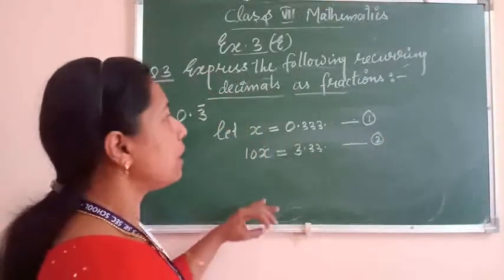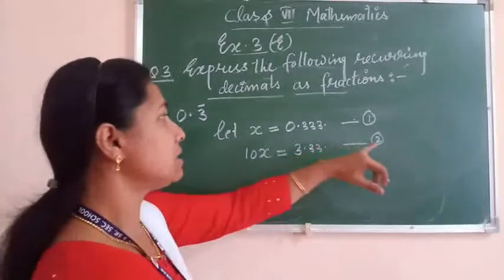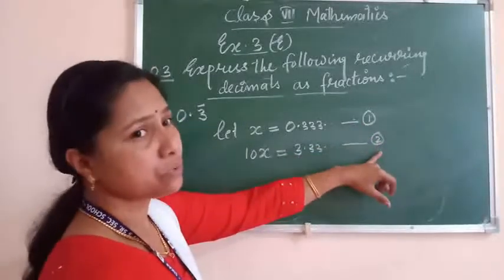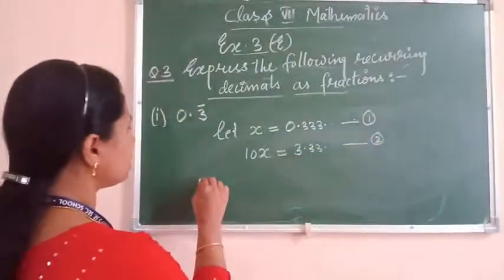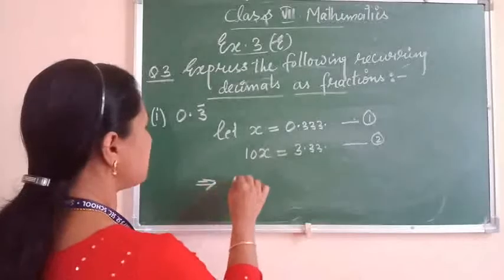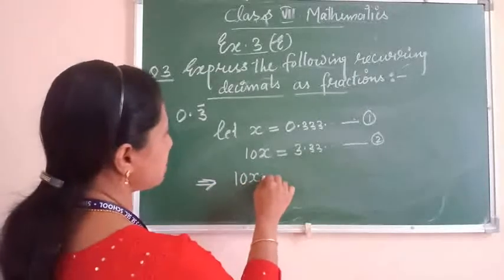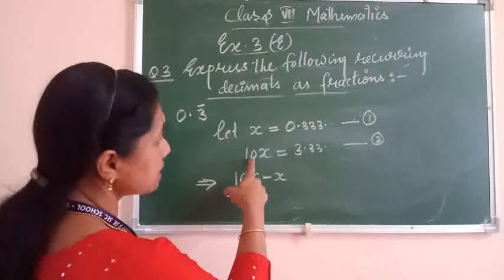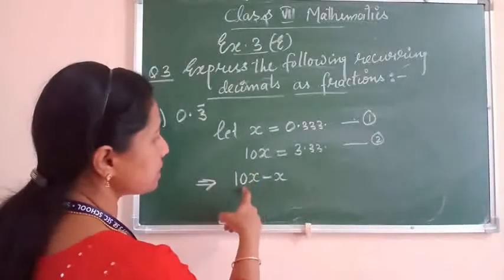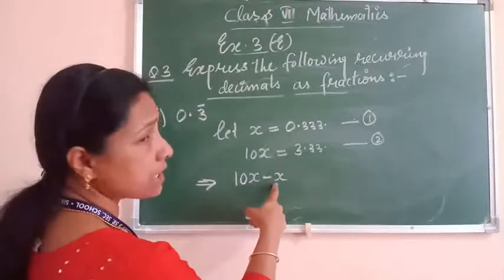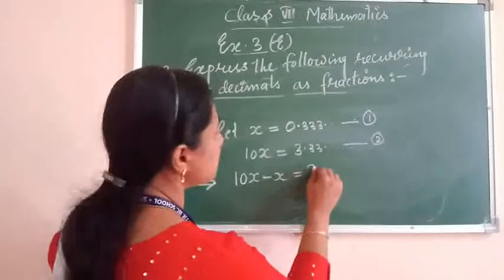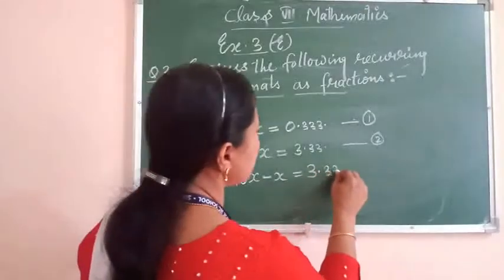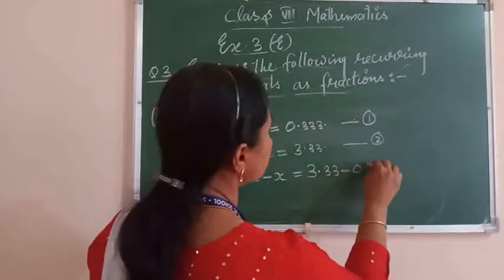Now you have to subtract equation 1 from equation 2. We are taking the next step. It is 10x minus x. The left side of equation 2 is 10x, in equation 1 it is x. So 10x minus x is equal to 3.33 minus 0.33.